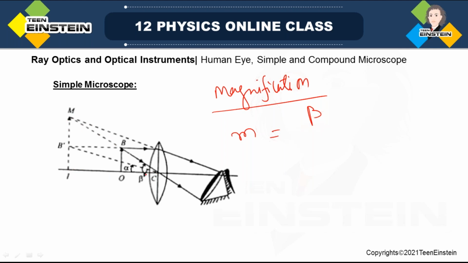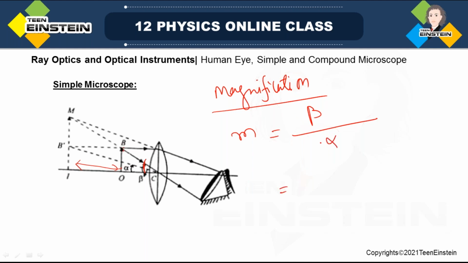Beta is this angle, the angle the image subtends at the lens, and alpha is what the object subtends. When we take this ratio, both object and image have to be at the least distance of distinct vision.